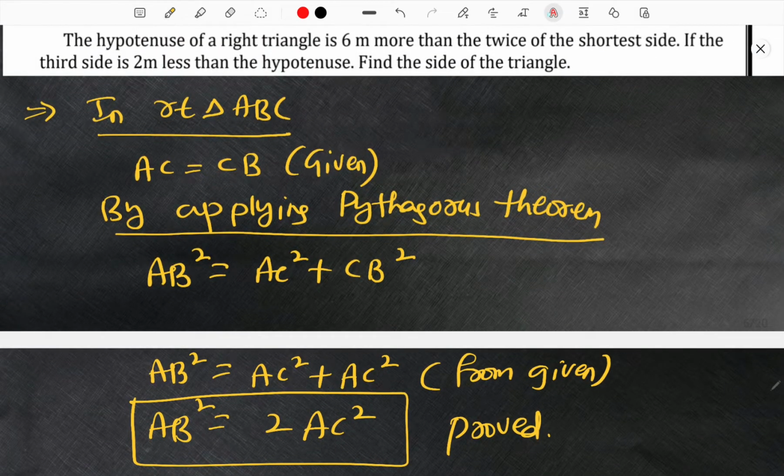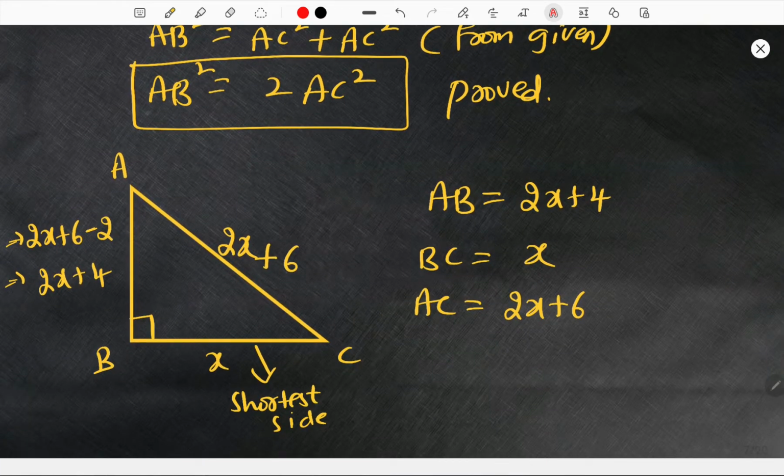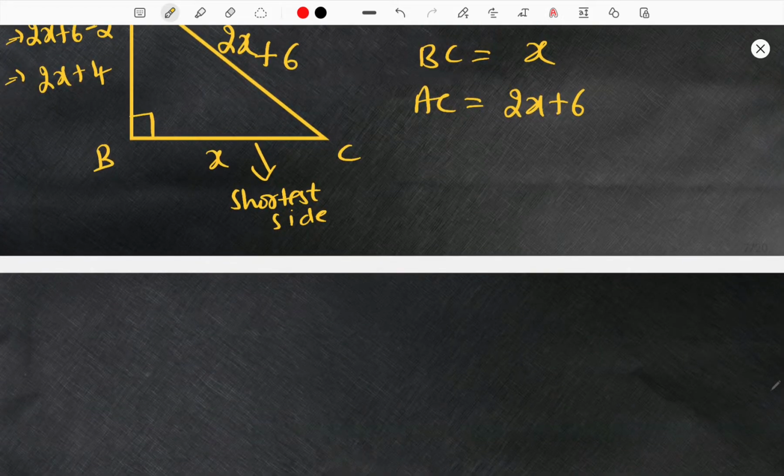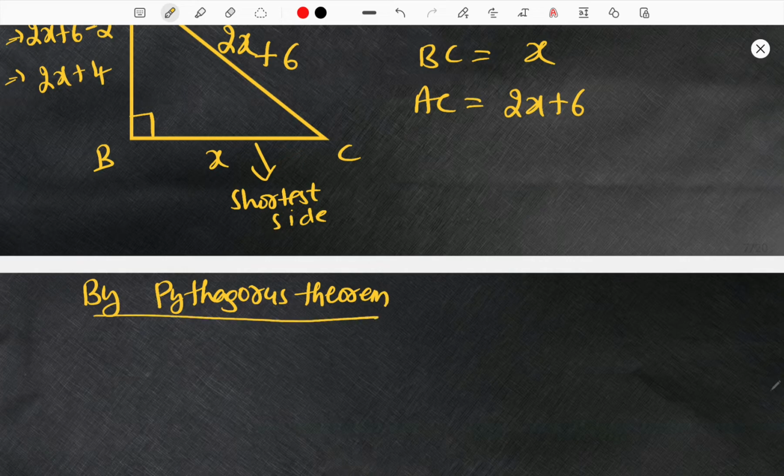And they are asking us to find the sides of the triangle. We will get the sides if we get to know the value of x. Alright, let us use Pythagoras theorem. By applying the Pythagoras theorem, we know that the square of the hypotenuse, that is AC square, is equal to AB square plus BC square.